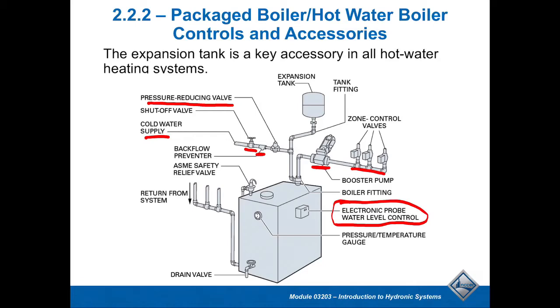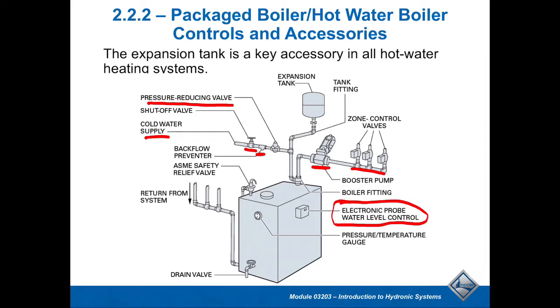This one's also showing another interesting function, a water level control. A water level control might likely be a device or some sort of component that would prevent that boiler from operating in the event that you are low on water.